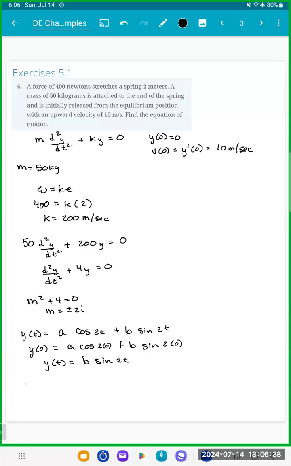Taking the derivative of that, we have y prime equals 2b cosine of 2t. So y prime at 0 equals 10 gives me that 2b is equal to 10. So b is equal to 5. So my equation would be y of t equals 5 sine of 2t.